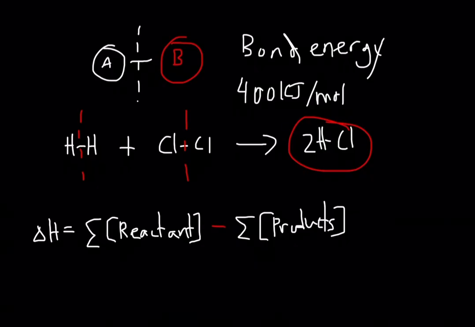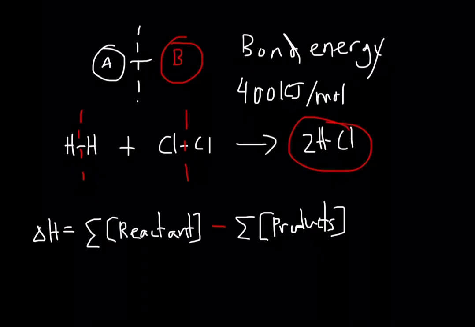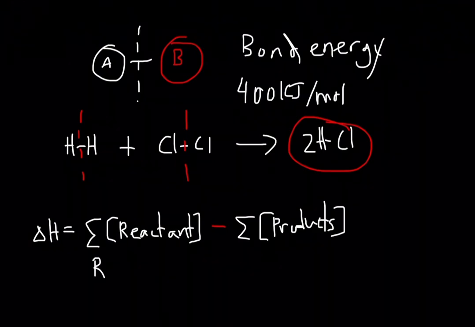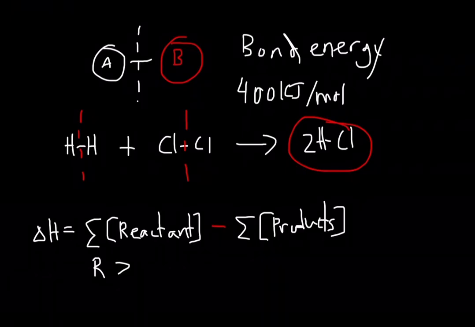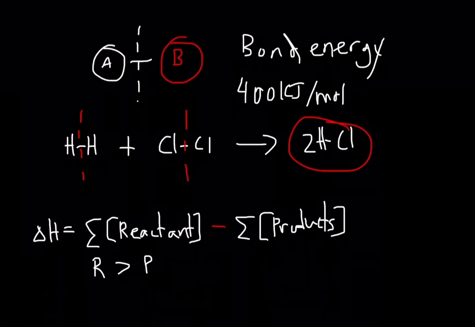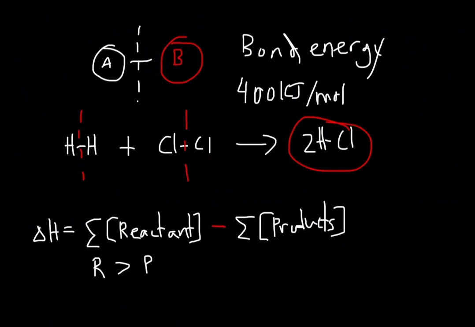You also need to know the difference between endothermic and exothermic reactions. An endothermic reaction is when the amount of energy required to break the bond is greater than the amount of energy released. The system gains energy, so it's absorbing heat.